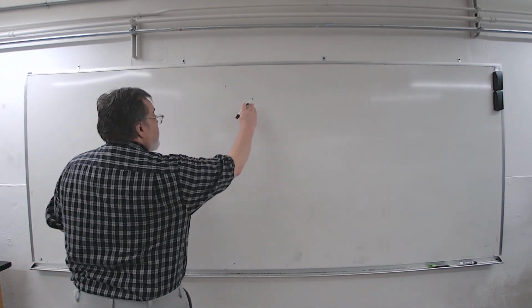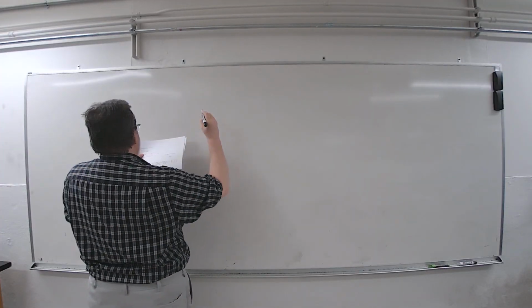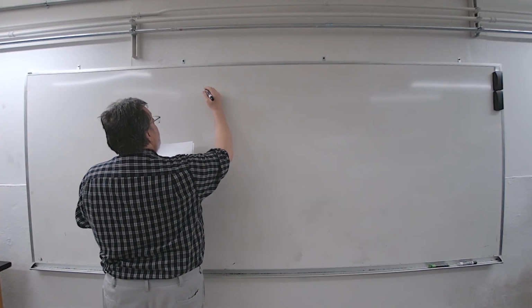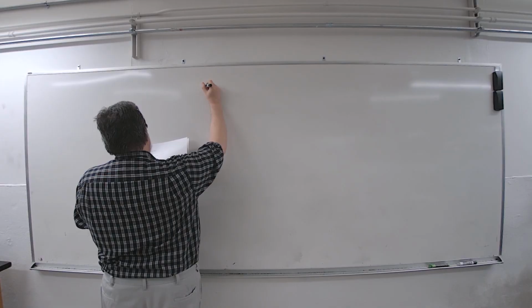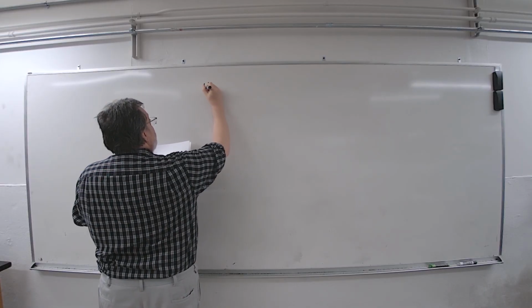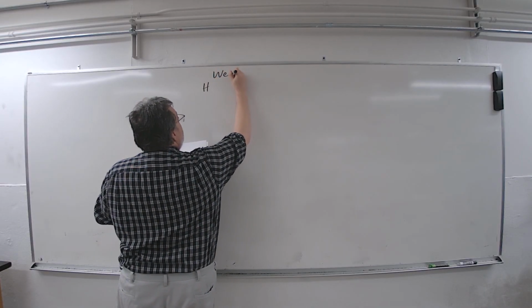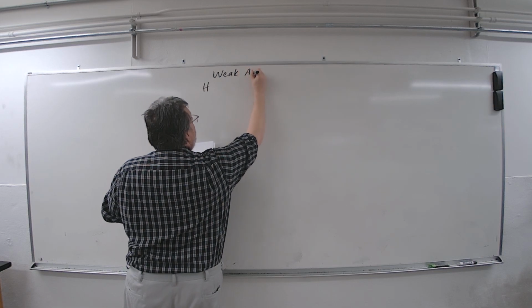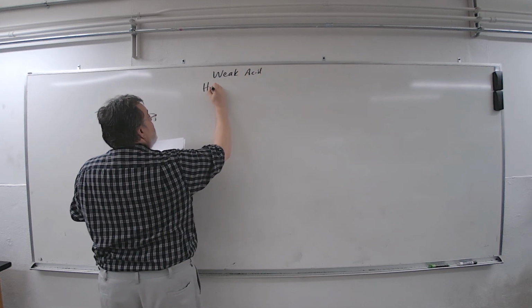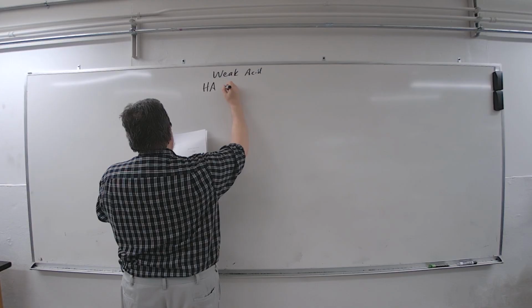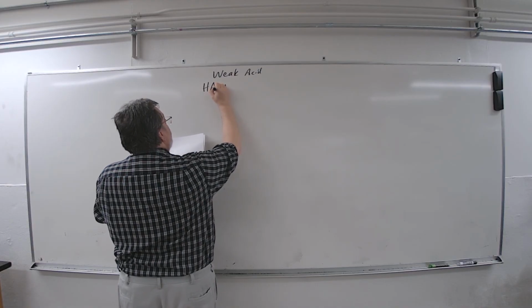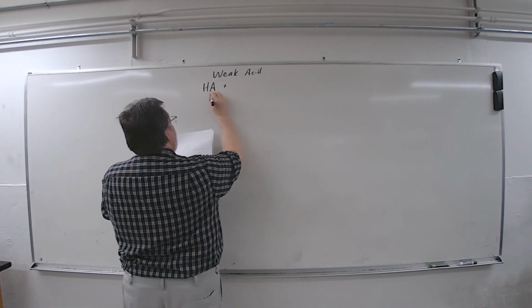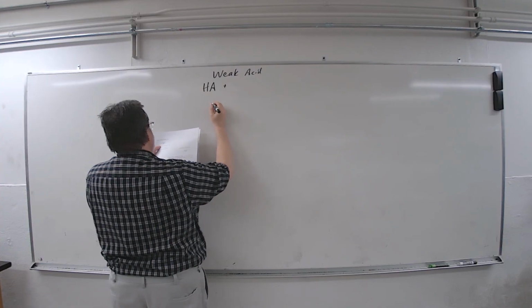Just as a reminder for something I did before break, before I got sick, for a weak acid, I told you we do this as a general description. A just means acid, any acid.